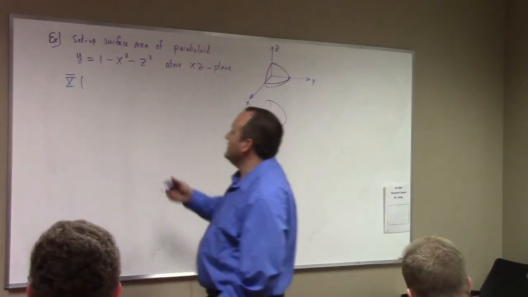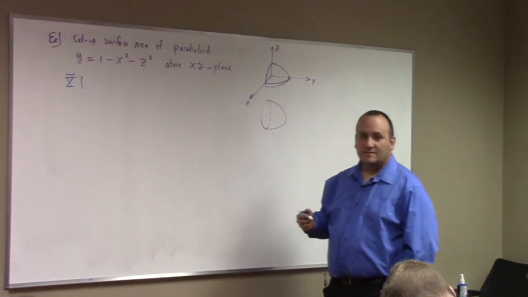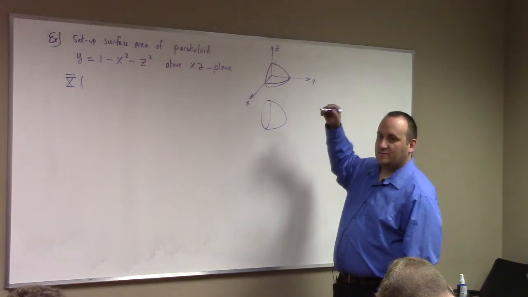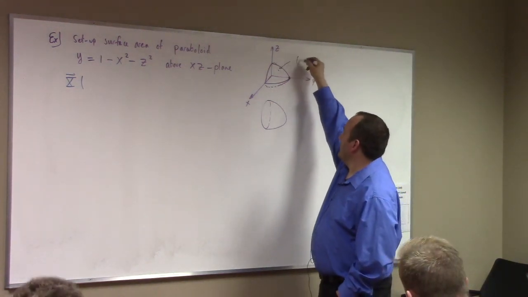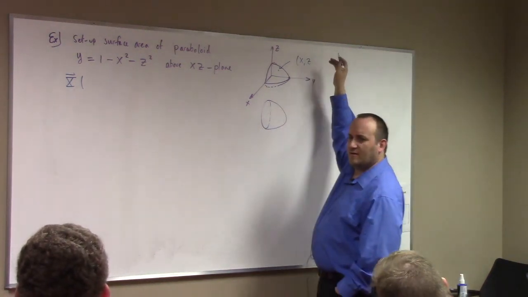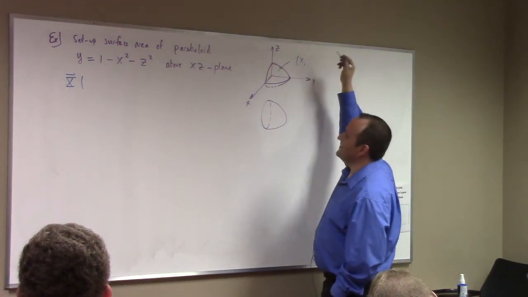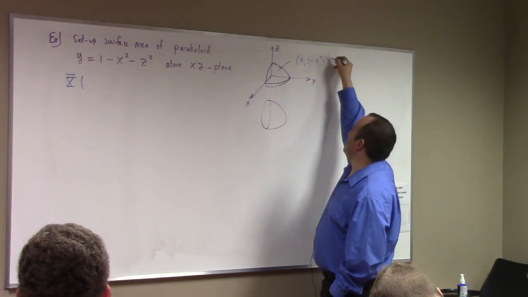The second one. So may I suggest that x and z are pretty good parameters for this surface, right? Because if you give me x and z, it puts you someplace here, like x comma z. Y does not go in the z spot, but x comma 1 minus x squared minus z squared comma z, right?